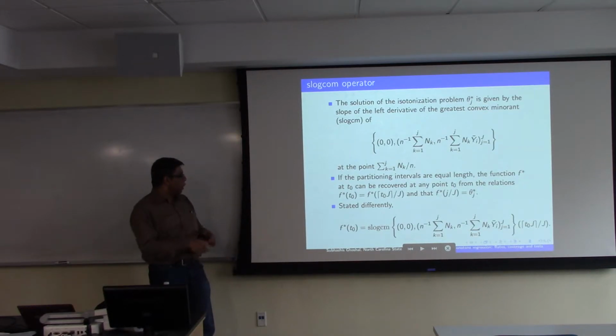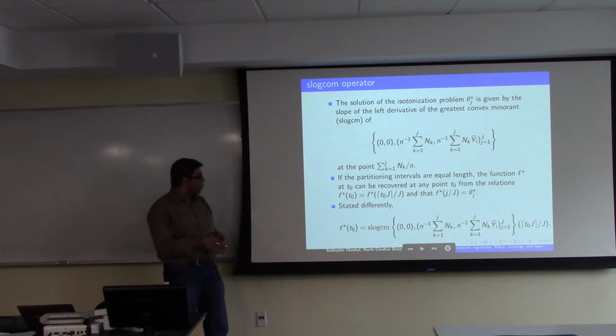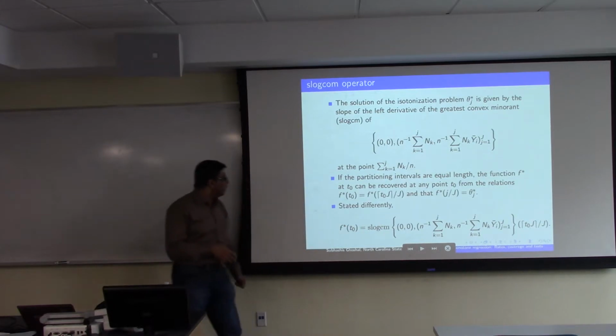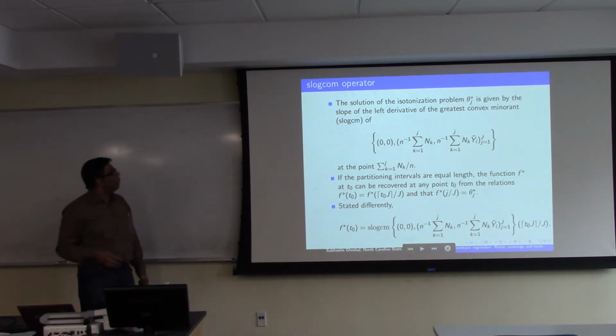First you draw thetas, that gives you f of t0, but that f is not a monotone function. So you monotonize, and that's through this Slocum operator.